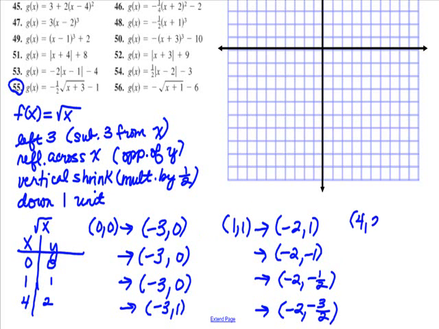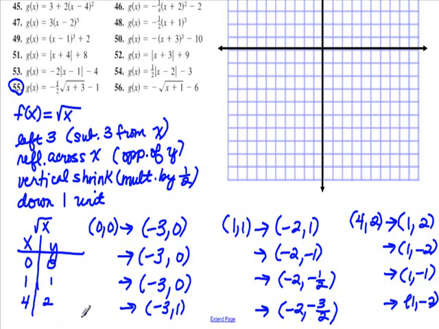Let's try one more. 4, 2 shifted left by 3 would be 1, 2. Now we reflect it to be 1, -2. Shrink it by a factor of 1/2 takes us to 1, -1. And now we need to move that down 1 unit to be 1, -2. So let's see if this looks like what we would expect.